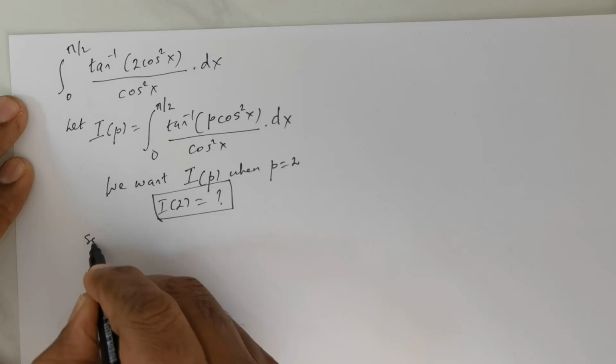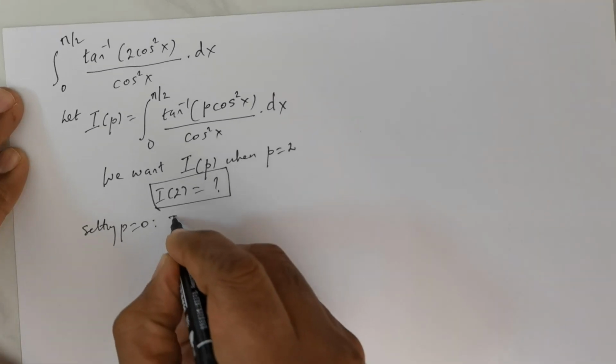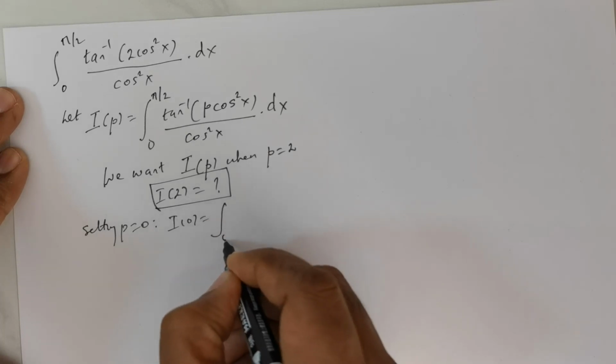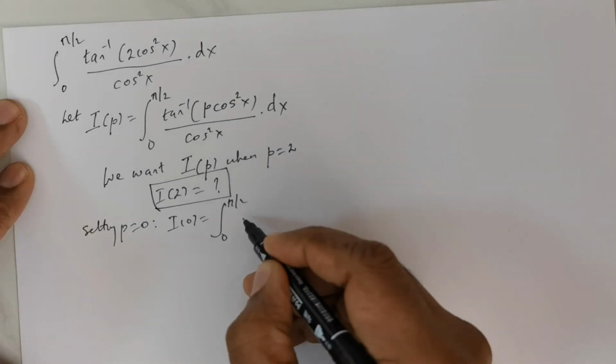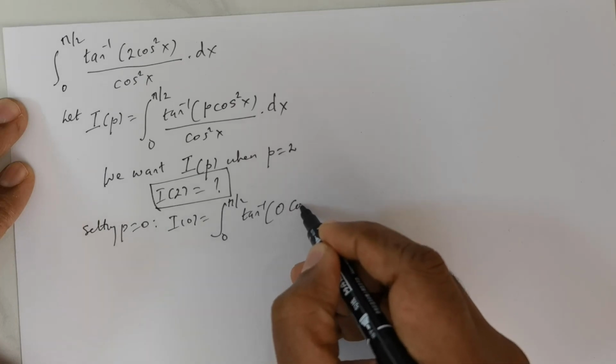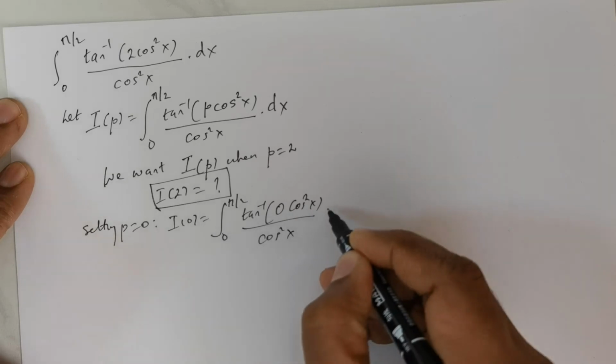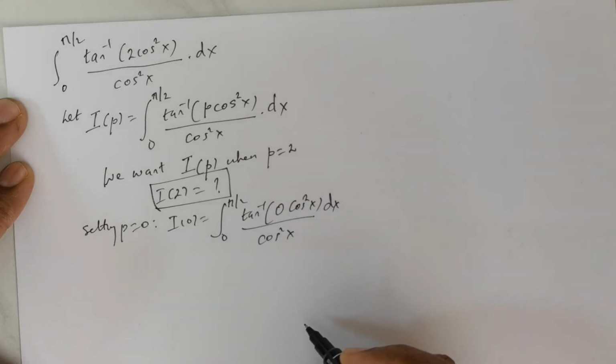Now setting p equal to 0, what happens? We got I of 0 is equal to the integral from 0 to pi over 2 of tan inverse of 0 times cos squared x over cos squared x, times dx.